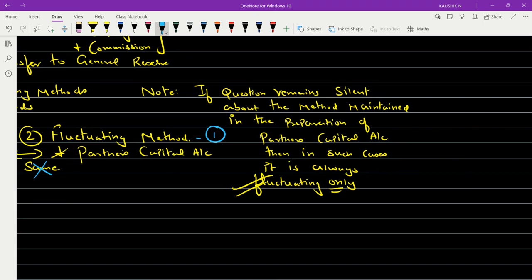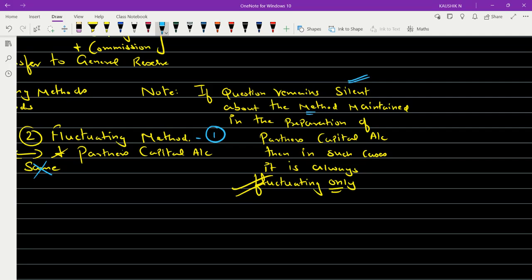Suppose the question is silent with respect to the method of maintenance of partners' capital. If it has not been mentioned in the question, then it is always taken for granted that we follow the fluctuating capital method.